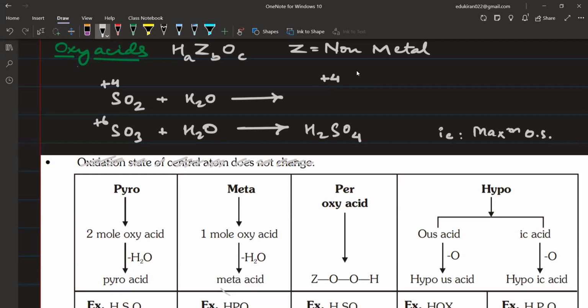And what will you get here? Tell me guys. +4 oxidation state of sulfur. मतलब ट्राई तो कीजिए, क्या हो गया?